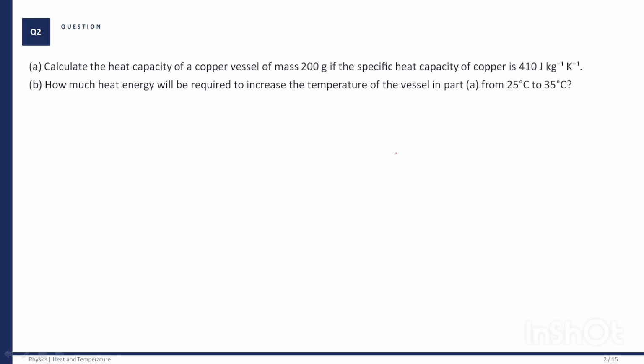Question 2. Calculate the heat capacity of a copper vessel of mass 200 grams if the specific heat capacity of copper is 410 joule per kg Kelvin. How much heat energy will be required to increase the temperature of the vessel in part A from 25 degrees Celsius to 35 degrees Celsius?